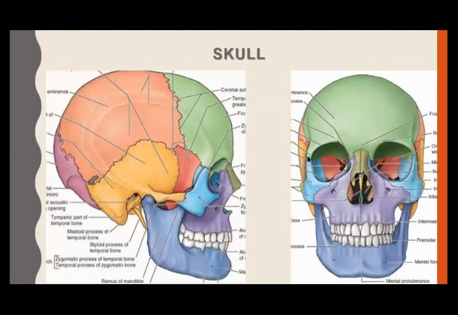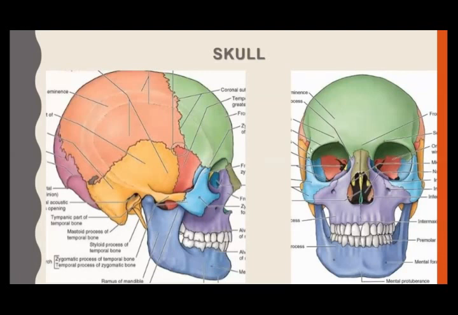Now, at the other end, the frontal bone is also coming in contact with the zygomatic bone. This blue one is the zygomatic bone. So this part of the zygomatic bone, which joins the frontal bone, is called the frontal process of zygomatic bone, because the zygomatic bone is joining the frontal bone.